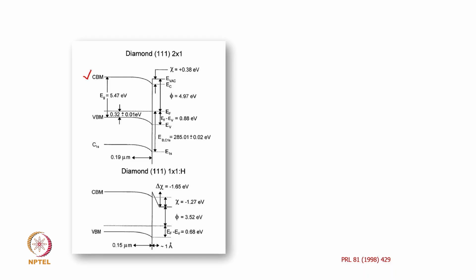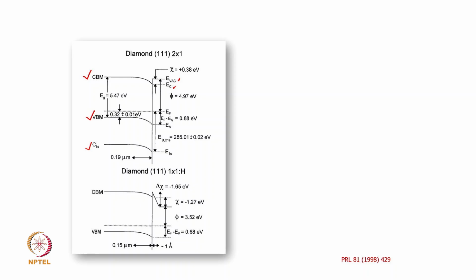This is the conduction band minima and this is the valence band maxima. This is the carbon 1s level. Let us look at this energy scale. This is the vacuum energy. And this is EC, that means conduction band energy.